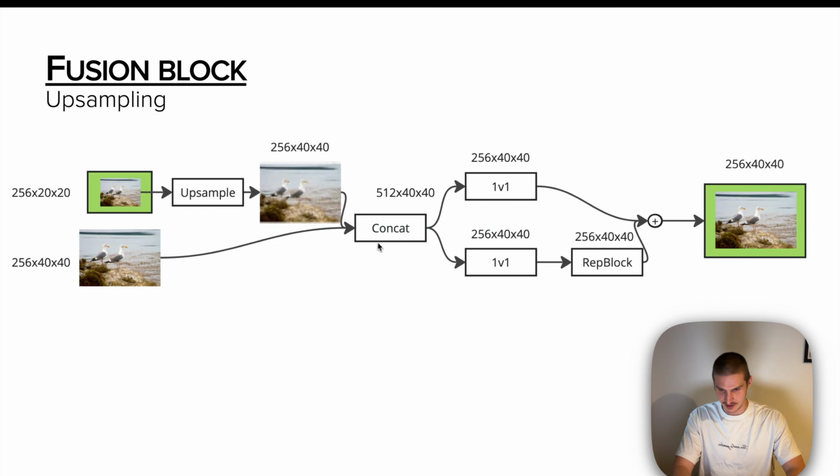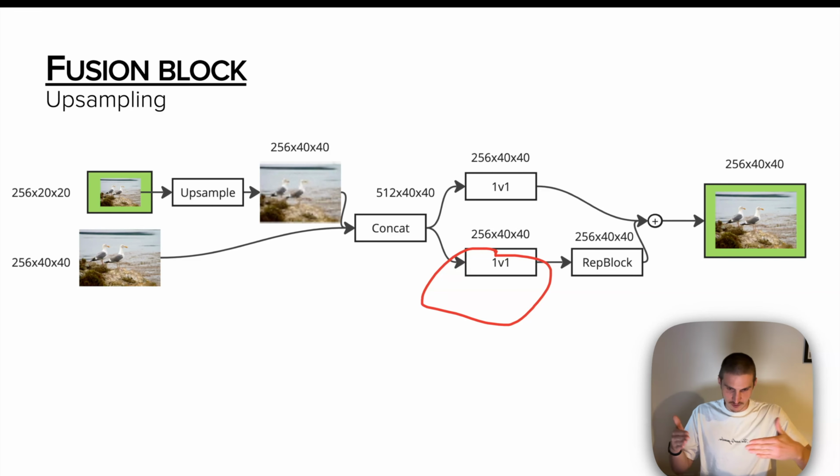So this guy was embedding dimension 256, this one as well. And then we concat them together, so we get this 512 by 40 by 40 image. And then we pass that through a series of convolution blocks that basically fuse the information together, and we get this improved version of the picture. So you can think of this fusion, right? So for example, this 1 by 1 convolution, what does it do? It doesn't convolve neighboring pixels, so it just looks at one pixel.